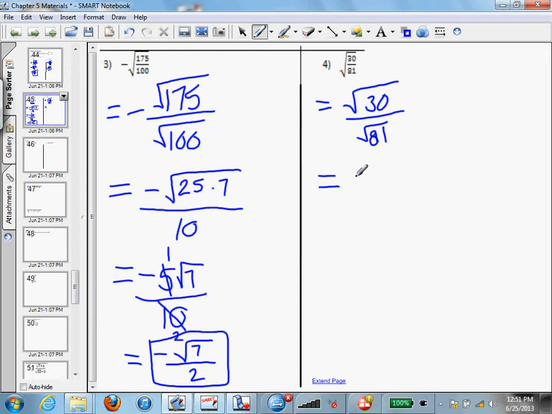It looks as if the square root of 30 cannot be broken into any square roots, because the multiples of 30 are 1 and 30, 5 and 6, 3 and 10. So we can't do anything with that. So we can work with the 81 on the bottom. The square root of 81 is actually 9. So that will be our answer for this problem.